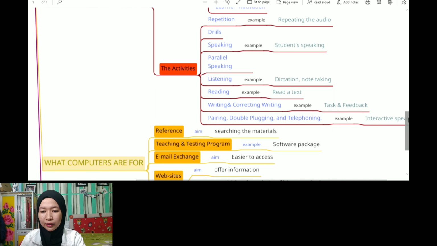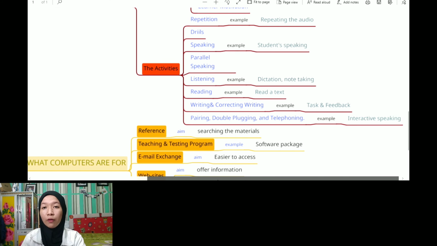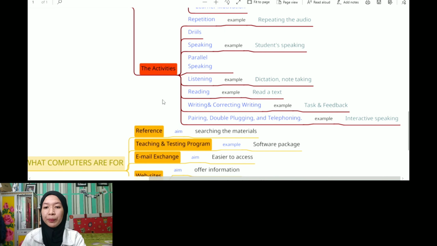The third kind is the activities. The activities of the language laboratory. Okay, the first activity is repetition. For example, repeating the audio, and then drills. Drills are as I explained before. And then speaking. For example, student speaking.